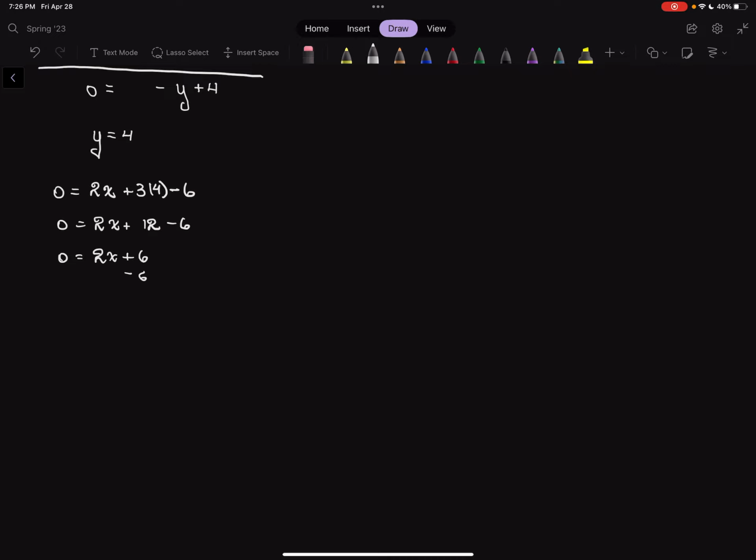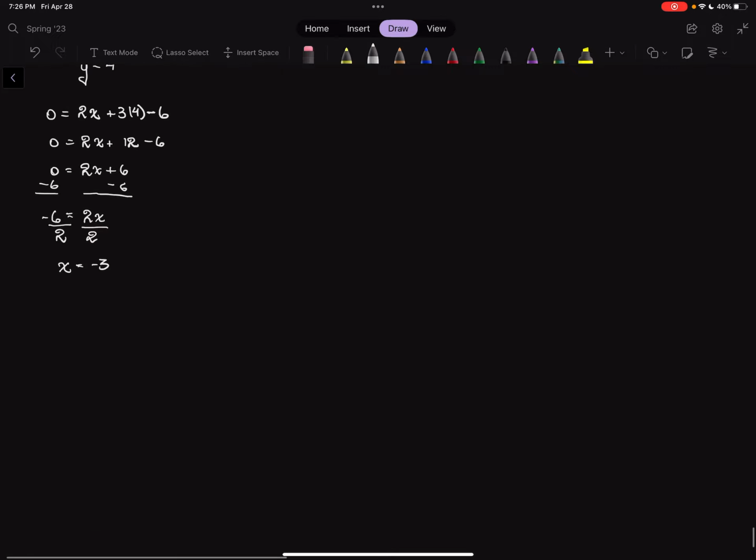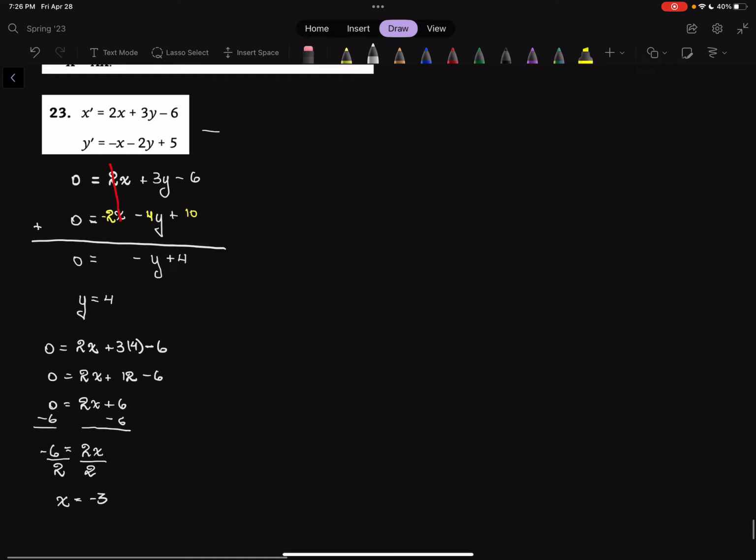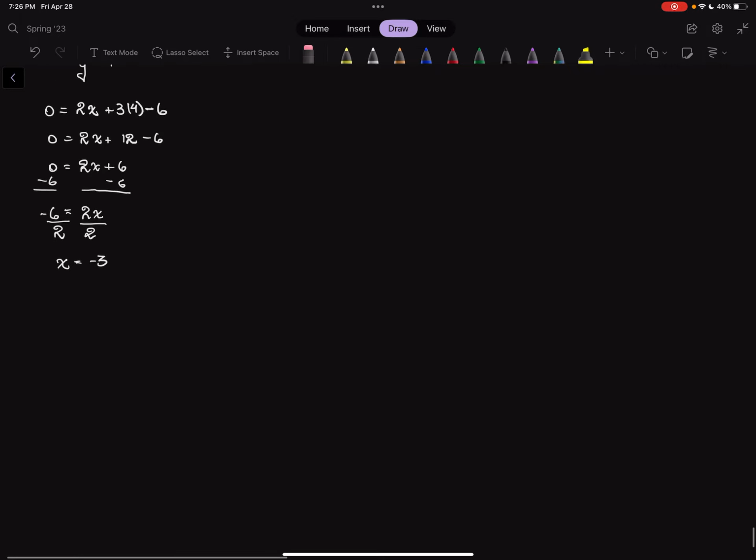Now if I subtract 6 from both sides, I'm not going to change the equality because I did the same thing to both sides. So now I get negative 6 is equal to 2x, which means if I divide by 2 on both sides, x is equal to negative 3. So my critical point, and I know there's only one because this is linear: 2 equations, 2 unknowns, I get the solutions for each unknown.